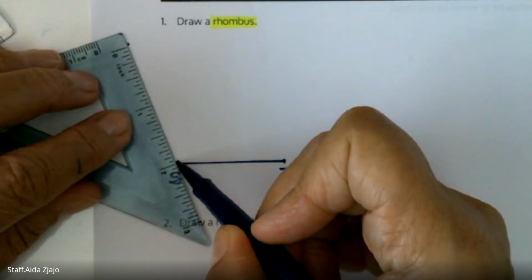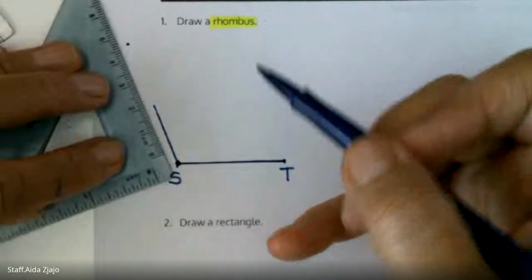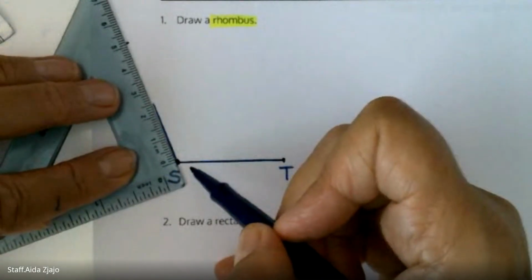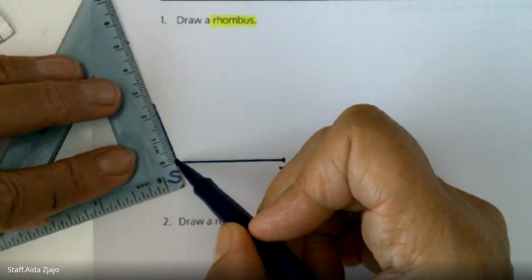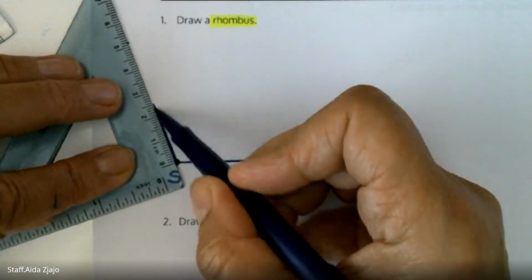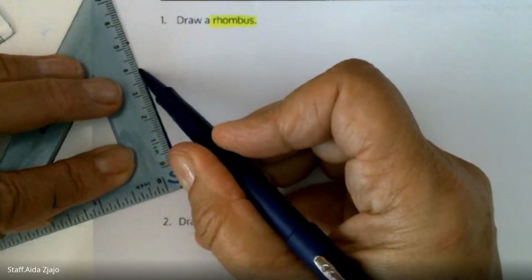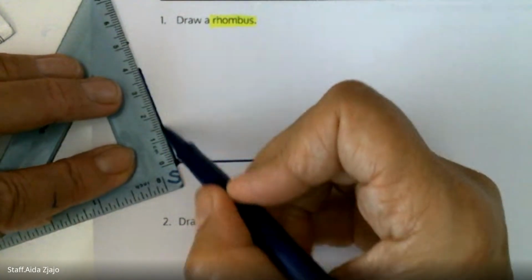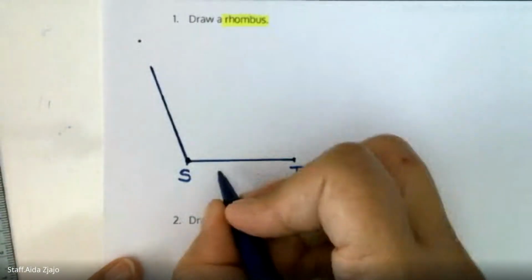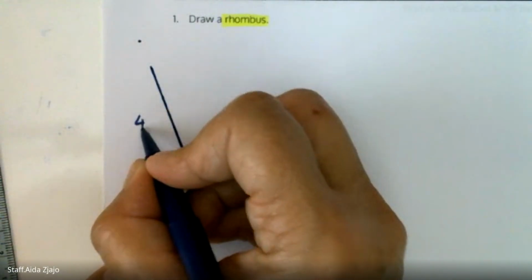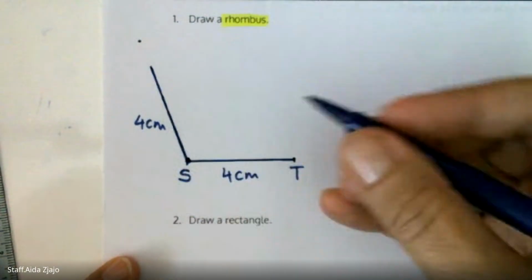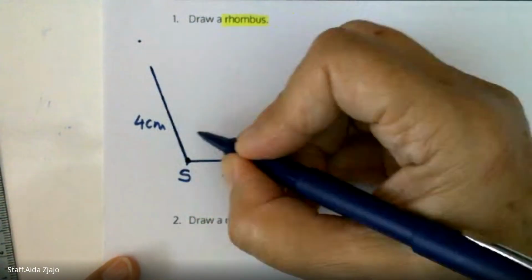So I'm going to make a little bit of line, and then I'm going to measure 4 centimeters till here. There you go. So now I have 4 centimeters, and I have 4 centimeters, and then I have this angle.